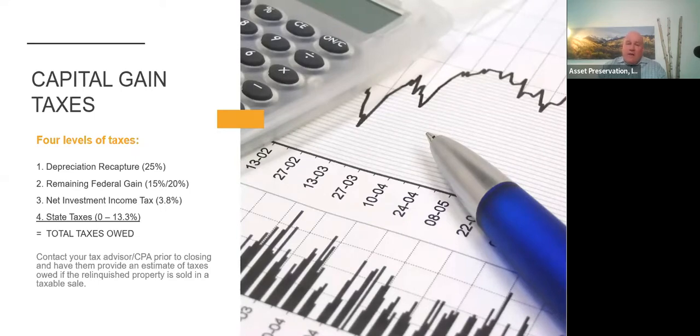Then the remaining federal gain is going to be taxed at the taxpayers' tax rates for the gain. Lower income filers, 15%. Those that are higher income at 20%. And a lot of times when you don't do an exchange, that's going to push the taxable income into a higher bracket. So most people will probably be facing locally here in our marketplace about a 20% tax rate.